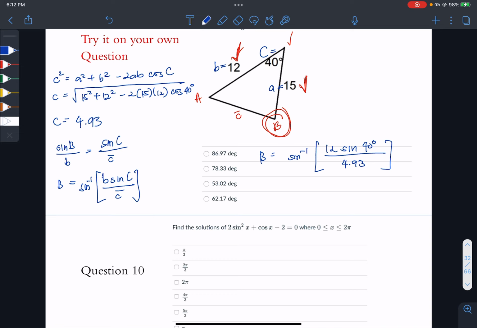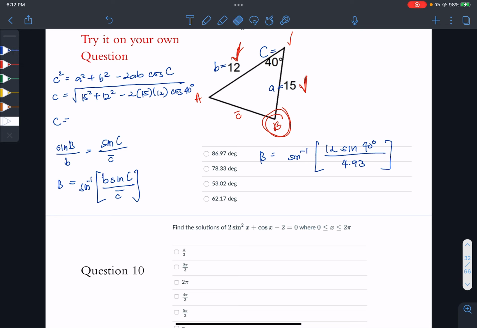There's something wrong. So 15 squared plus 12 squared minus 2 times 15 times 12 times cosine 40. Mali ito.